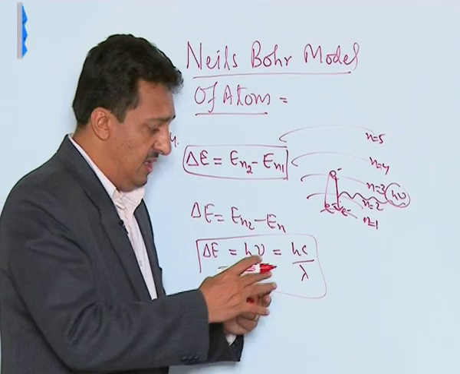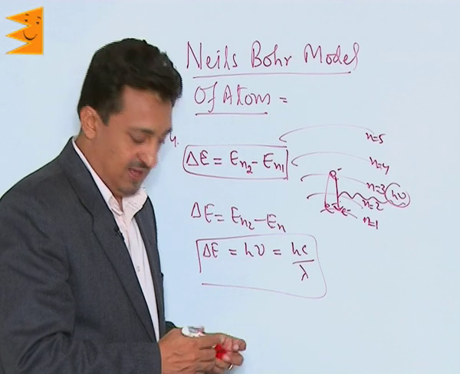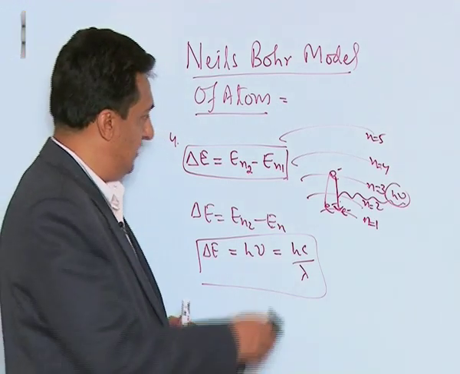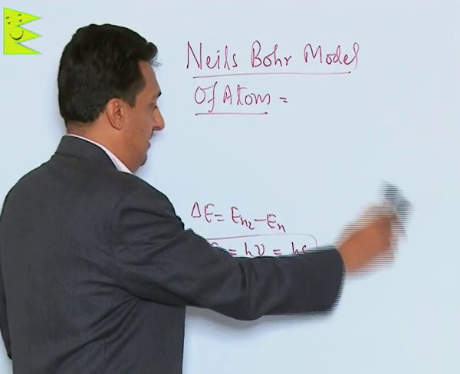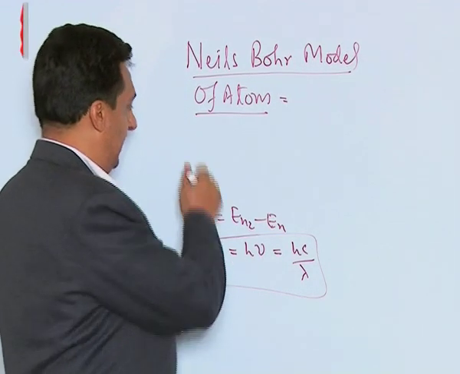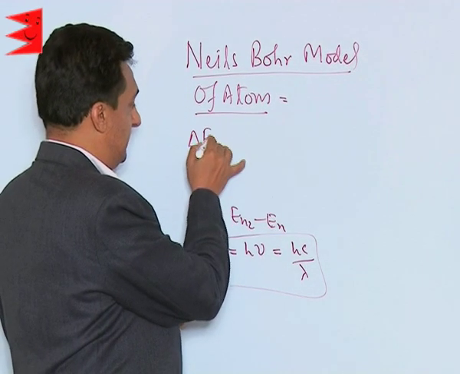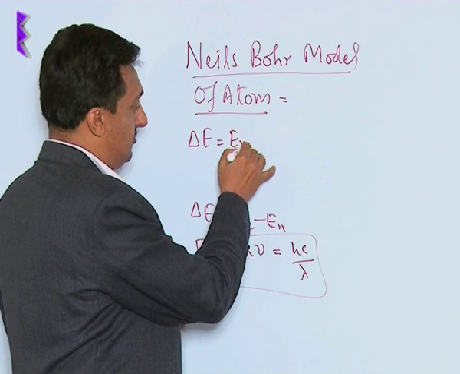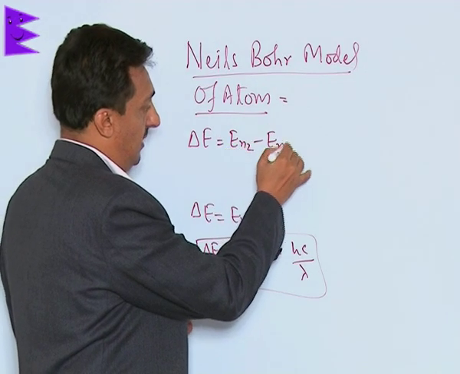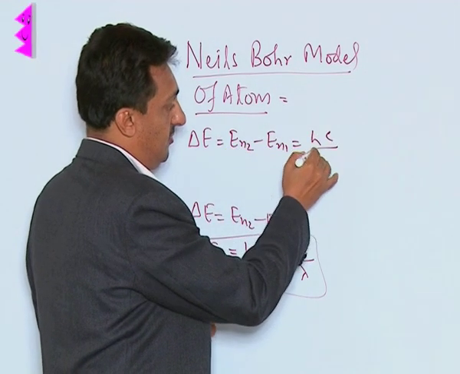What we do is, we simplify this formula into a much simpler form. We write En2 minus En1 as hc over lambda.